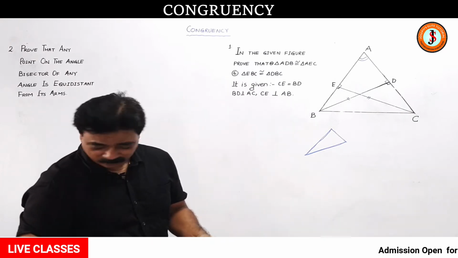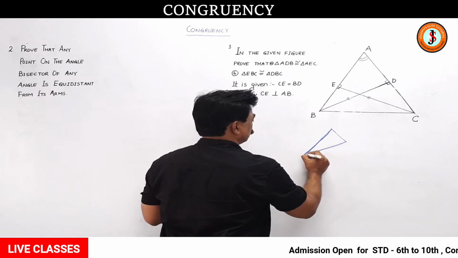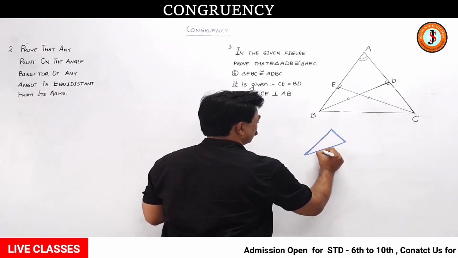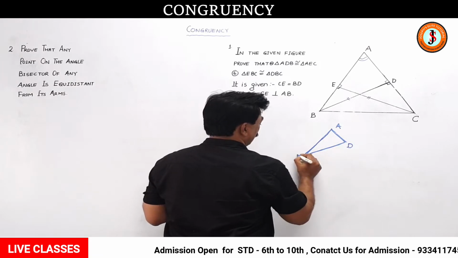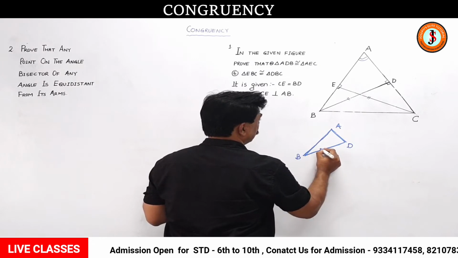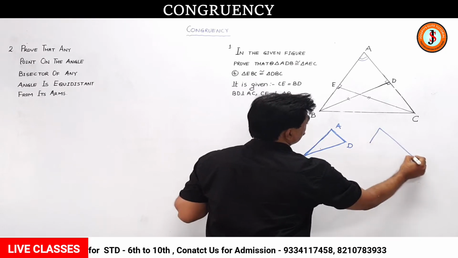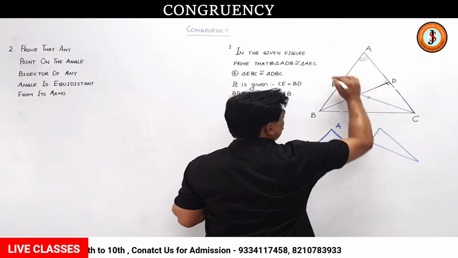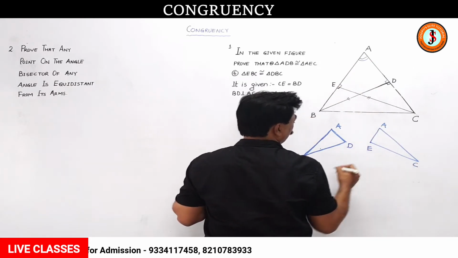Let me use a little darker pen. ADB, and I will mark this, and then we have also taken out AEC.